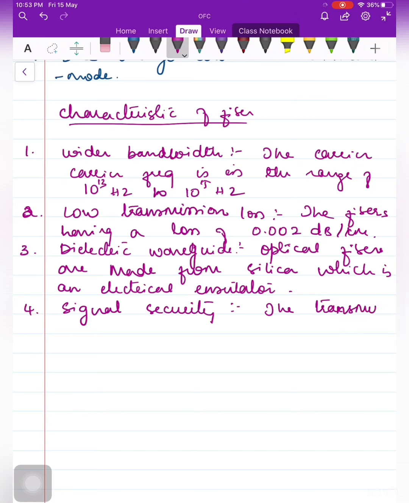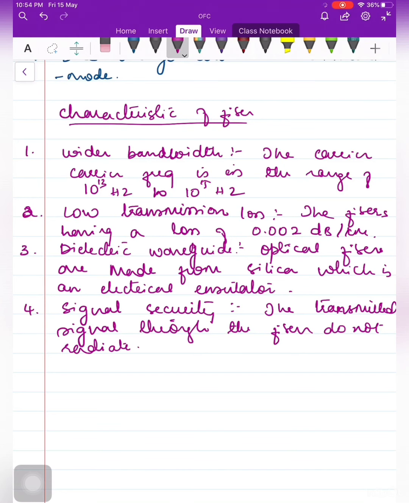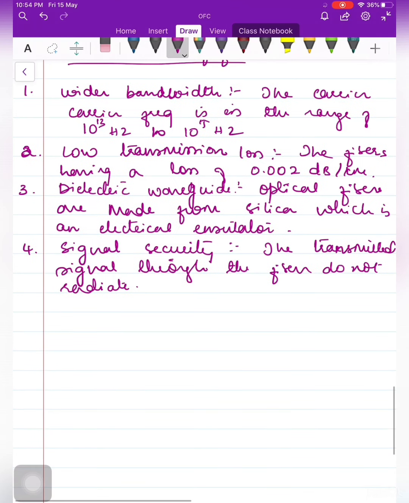The signal does not radiate, so the signal cannot be tapped from a fiber in an easy manner. Hence we have signal security.